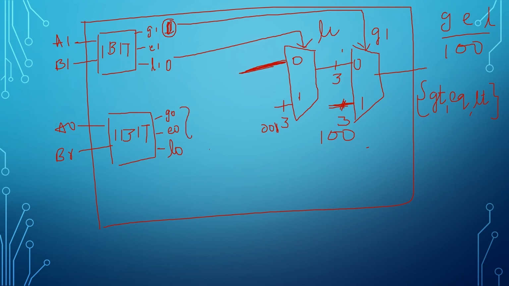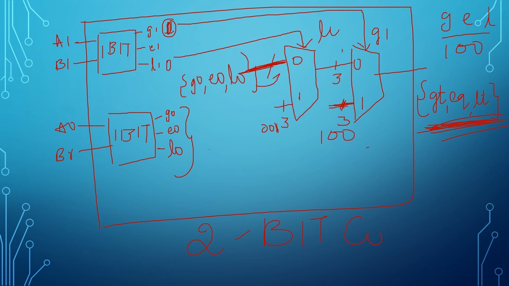Now what if L1 becomes 0? What input should be here? This whole input should be here, that means G0, E0, L0. According to this, the main output will be shown.